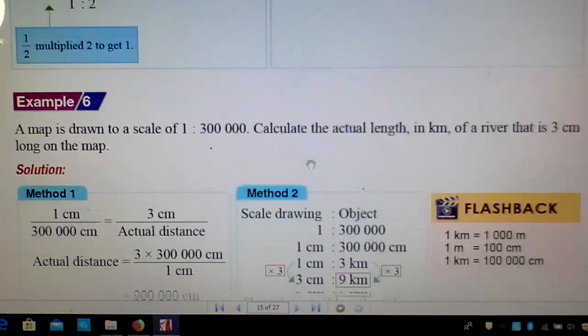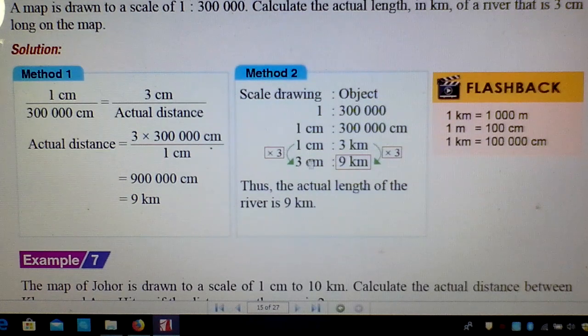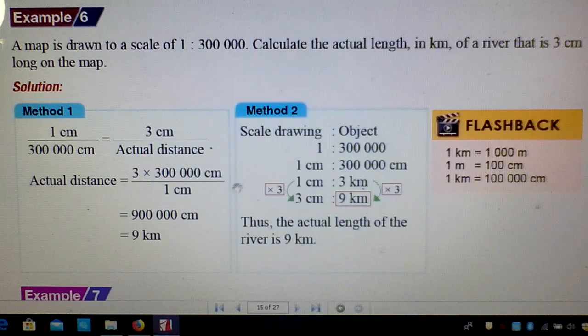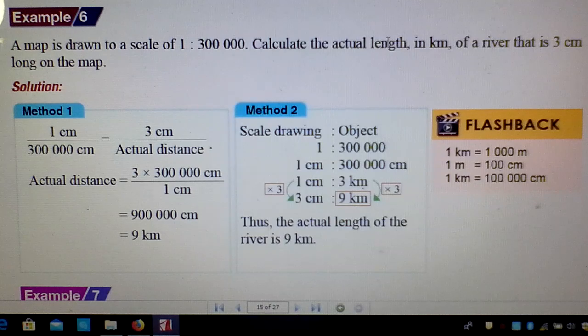Example 6. A map is drawn to a scale of 1 to 300,000. Calculate the actual length in kilometer of a river that is 3 cm long on the map. Okay? So we have been given the scale already. So the river is 3 cm on the map, meaning this is the drawing. Okay? So we use the formula of scale. Scale is measurement of the drawing divided by measurement of the object.